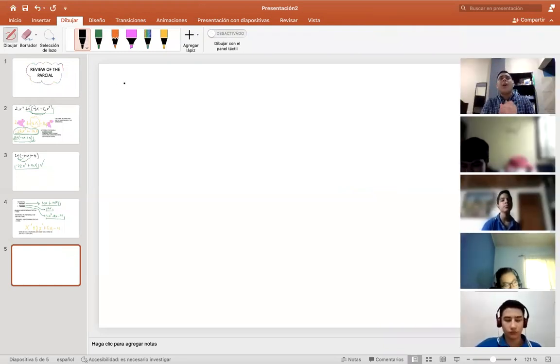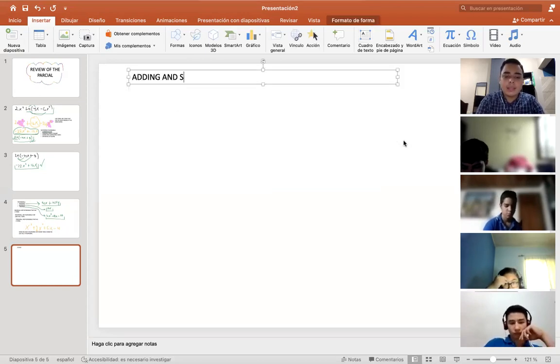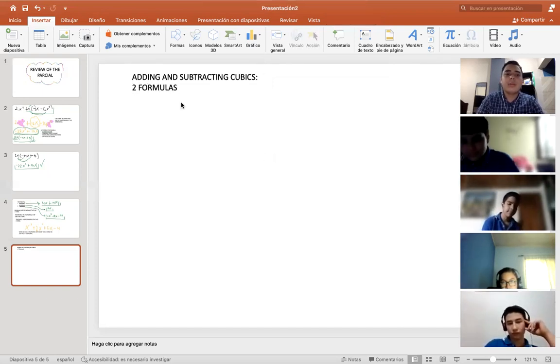Talking about one of the methods of factorizing polynomials, it's important to know that we have 2 formulas. Do you remember in which method we need 2 formulas? Adding and subtracting cubics. Yes.